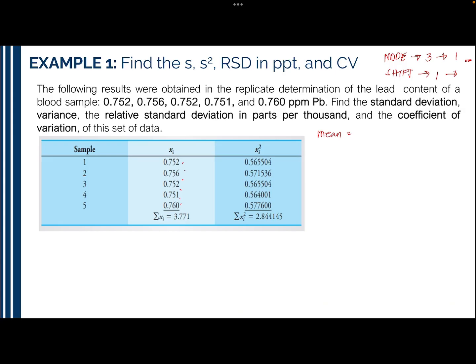Mean is equal to 3.771 divided by 5, which equals 0.7542. That is our mean.